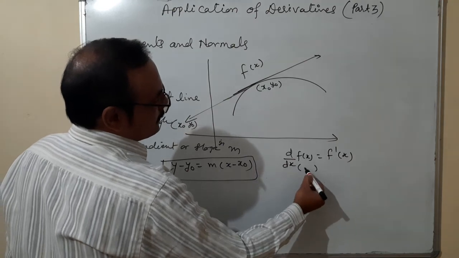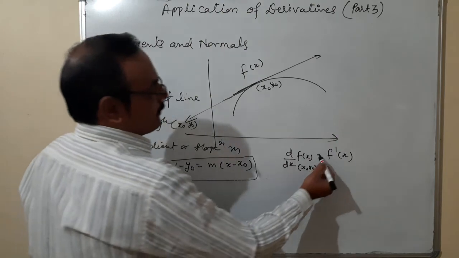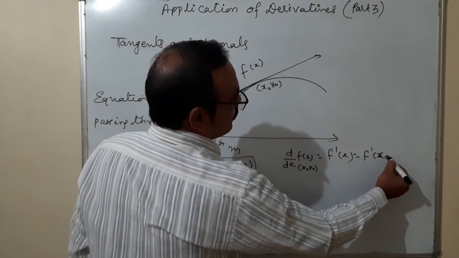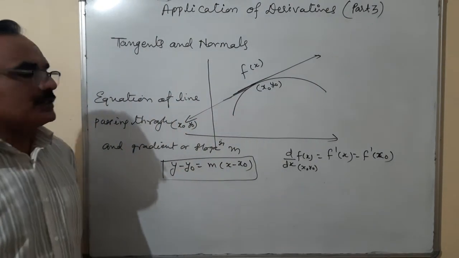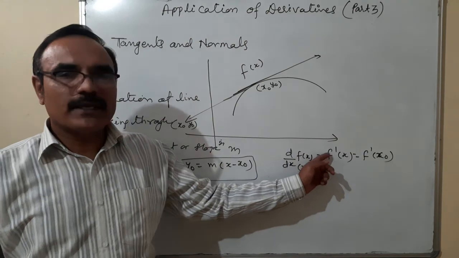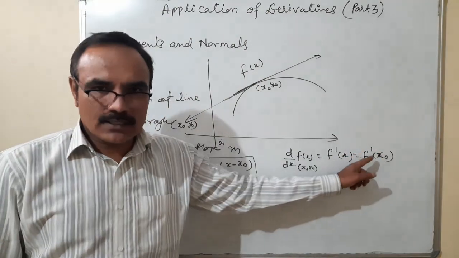At x0, y0 it is f dash x0. So after differentiation of this curve, whatever comes, f dash x0, is a slope.